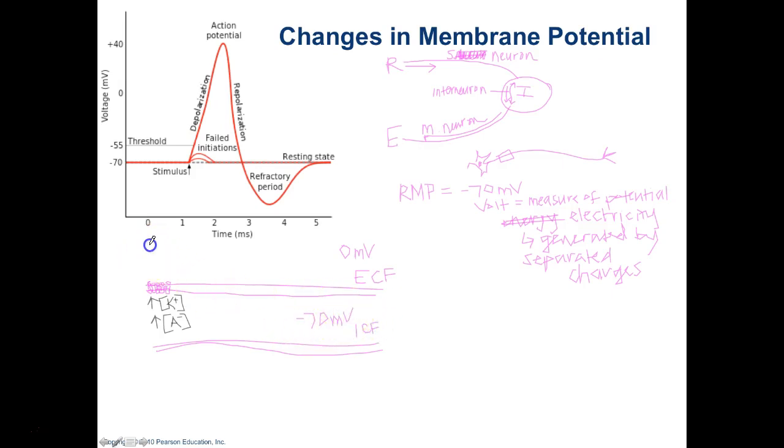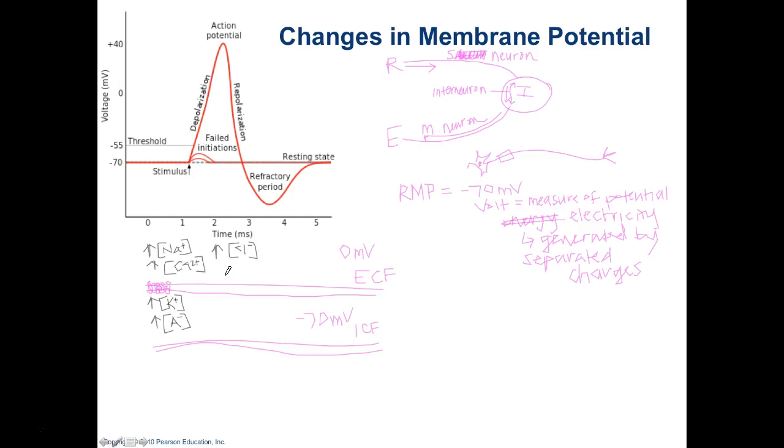Outside of the cell, we have a big concentration of sodium, which is positive. So we've got positive charges going on here. We also have a high concentration of calcium and a high concentration of chlorine.